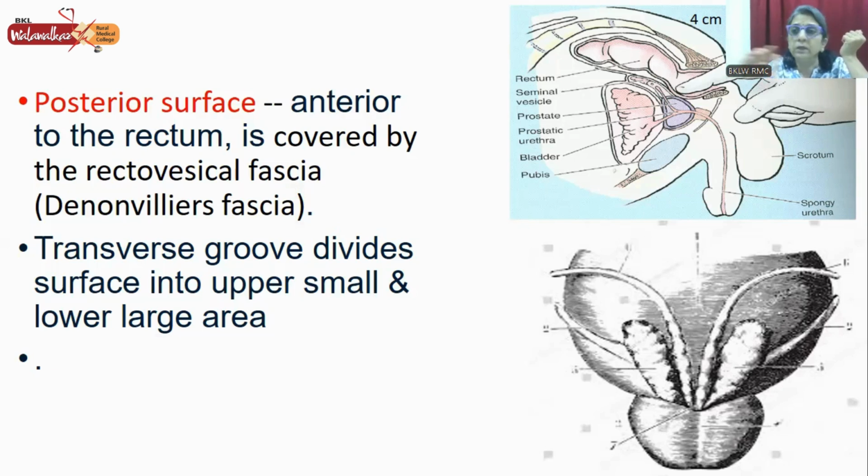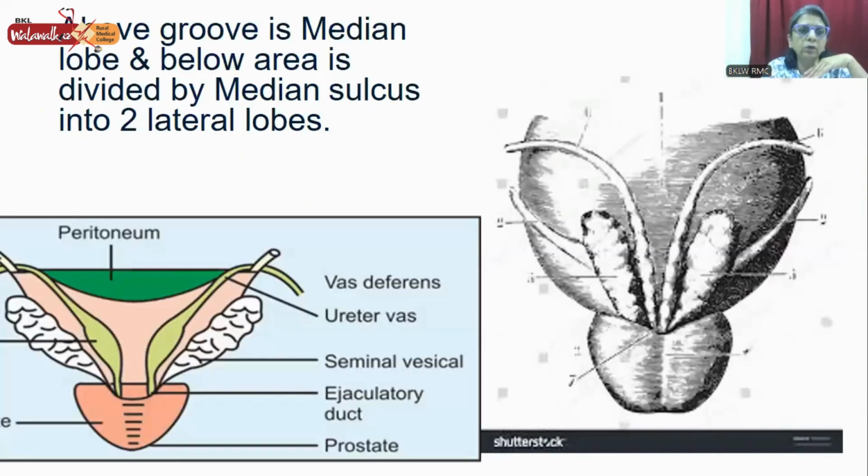The transverse groove divides the surface into an upper small and a lower large area, and the vertical groove divides it into two halves. Above the horizontal groove is the median lobe of the gland, and below it, the median groove divides it into two lateral lobes.